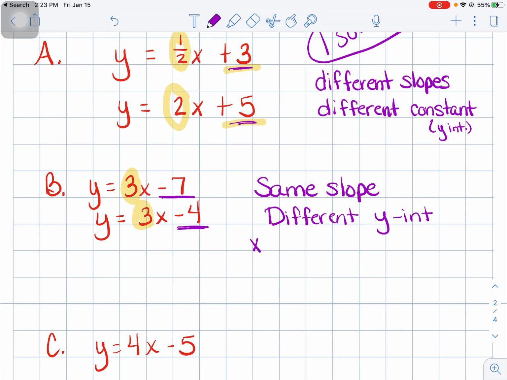This tells me it's going to be a no solution. They are actually going to run parallel to each other, because think about where they are. If I'm down here, and I have a -4, and I have a -7, let's say, but I have the same slopes, they're going to run parallel to each other, but they're never going to touch. They have different y-intercepts. So this is a no solution.